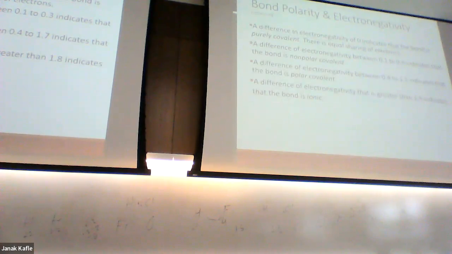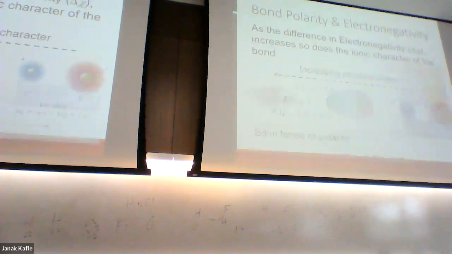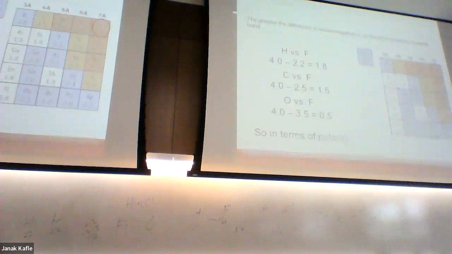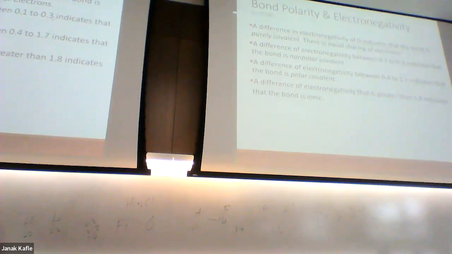Let's go here. 0.4 to 1.7. Look here, 1.7 polar, 1.07 polar. So HBr, 0.4 to 1.7, this is polar. HI is almost polar, right? HI is 0.38. 0.38 is close to 0.4, so that's polar covalent. Yeah, 0.38 is close to 0.4, right?